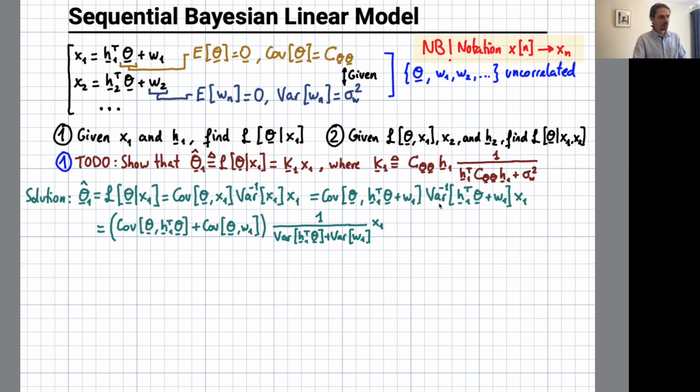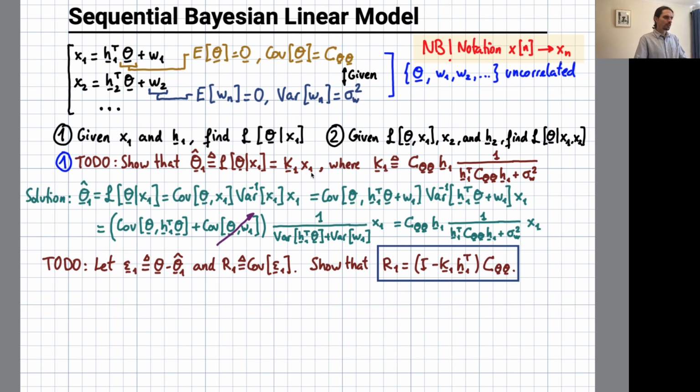But in this case here we are expressing this variance as the sum of these two variances, and remember that for applying this property we do need that theta and W1 are uncorrelated, but this is assumed here. Now we just use that theta and W1 are uncorrelated, and this expression simplifies in this way. So this is what we have defined here as K1. It's a column vector that multiplies x1, so this concludes the proof.